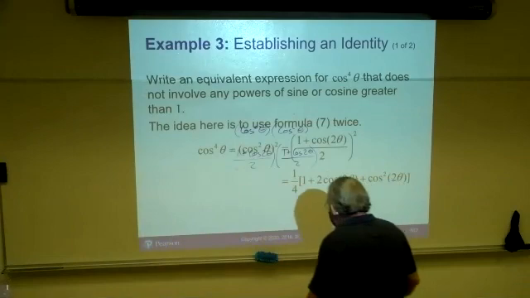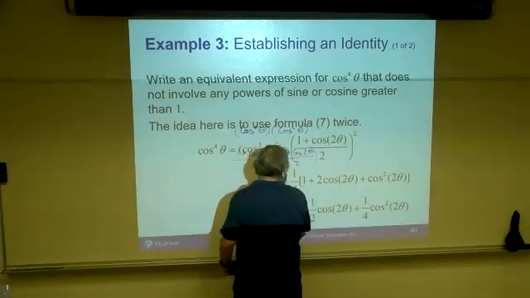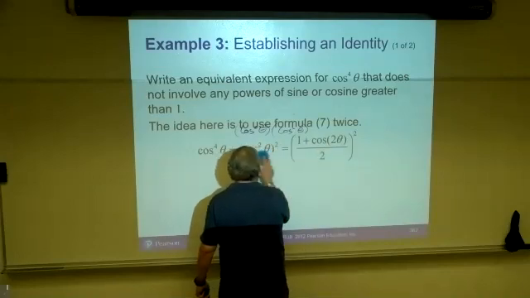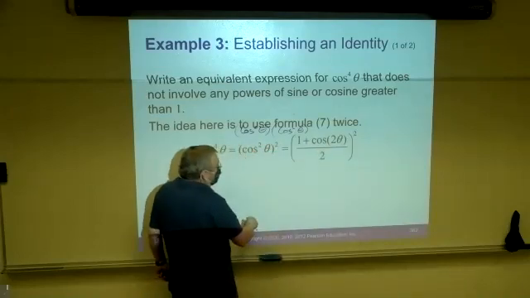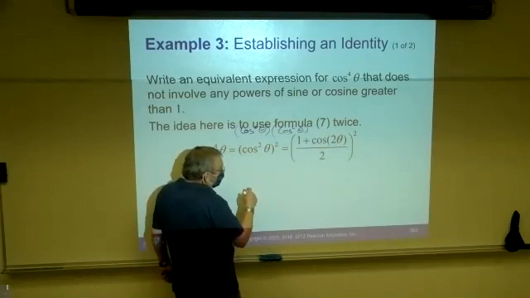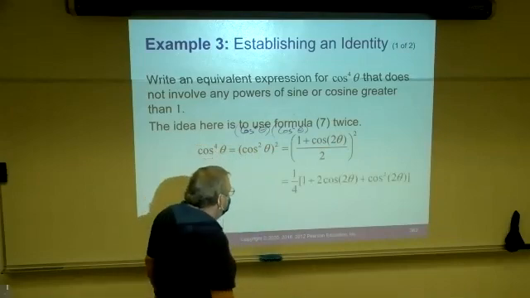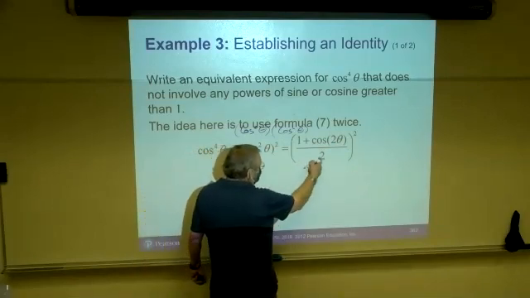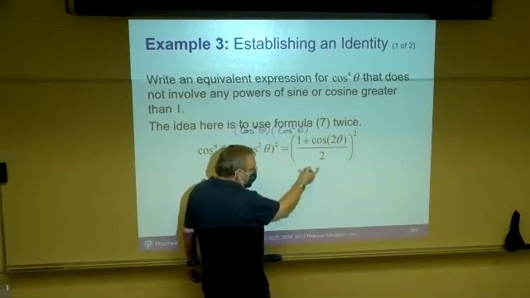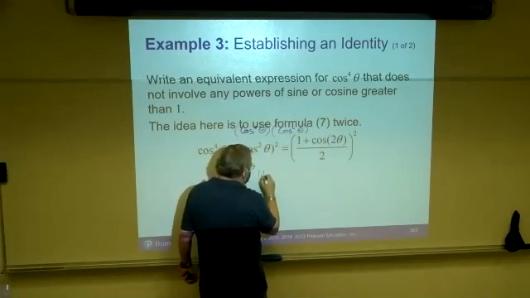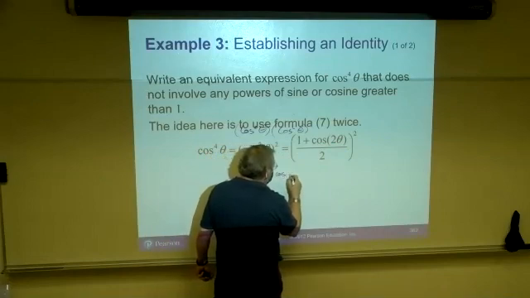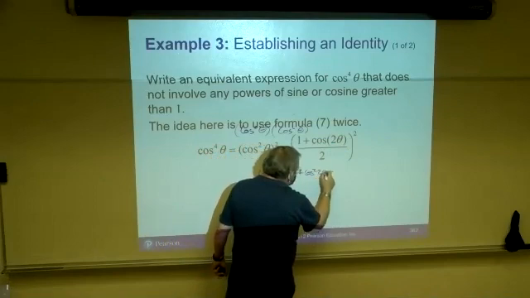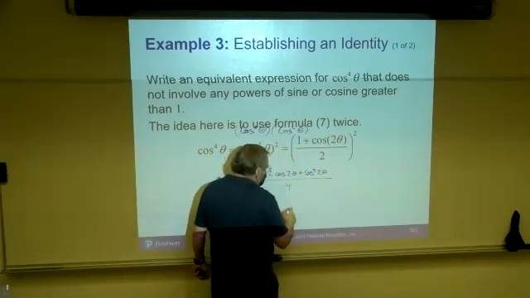Oh, I see what they did. I'm going to back up a second. They multiplied it out and just brought the denominator out as 1/4 times, because this is going to be 1 plus 2 cosine 2 theta plus cosine squared 2 theta, divided by 4.